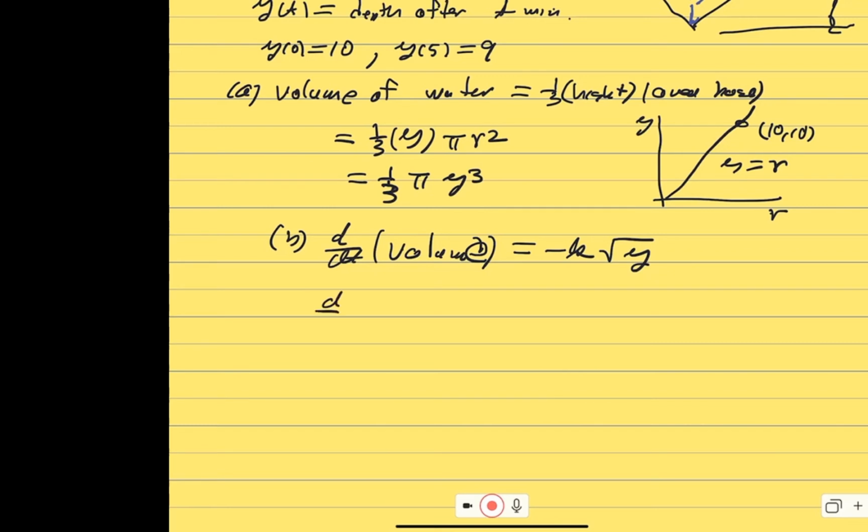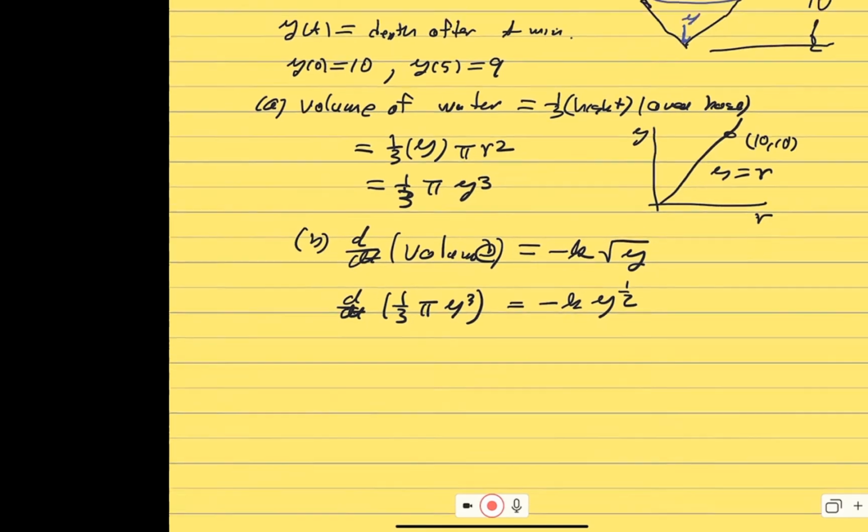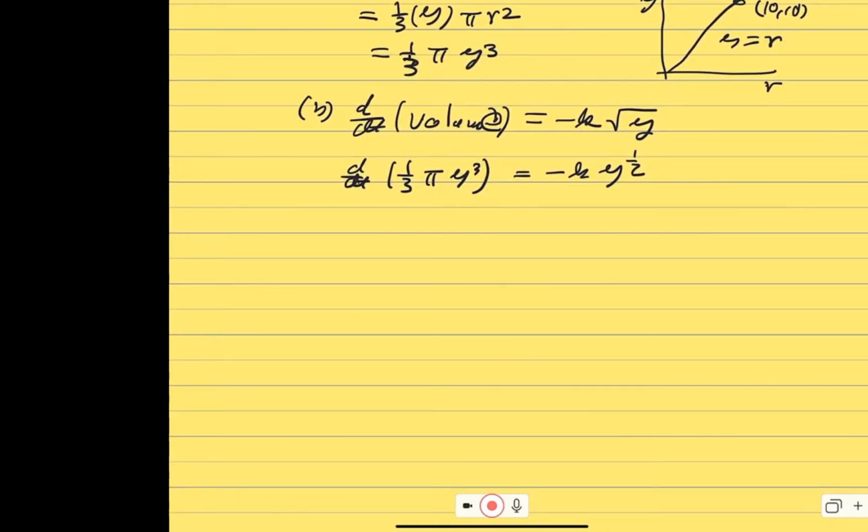Well, this is then d/dt of 1/3 pi y cubed is minus k. Let's write it as y to the 1/2. So taking derivatives here, this is 1/3 pi times 3y squared, and then times y prime is minus k y to the 1/2.